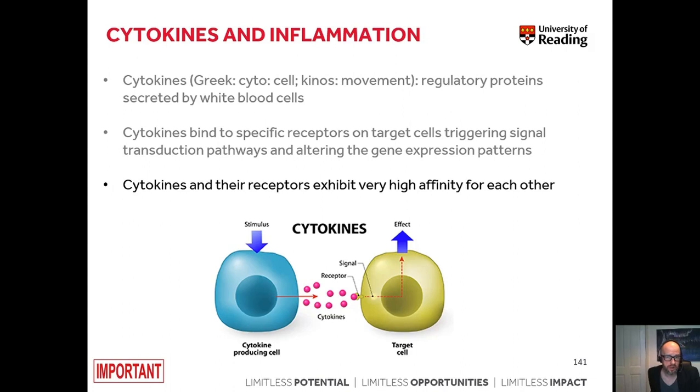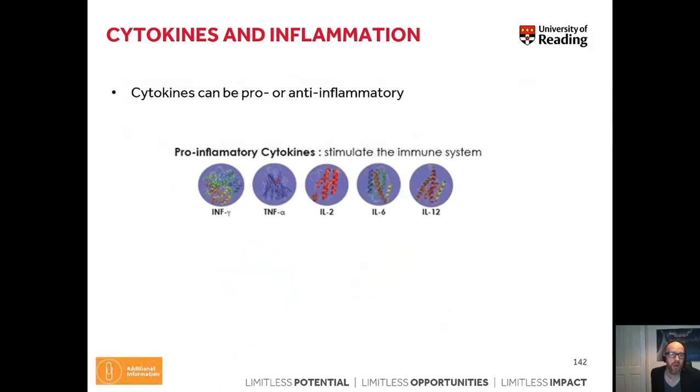Cytokines and their receptors exhibit very high affinity for each other. So cytokine signaling between immune system cells is quite specific. Moreover, cytokines can be either pro or anti-inflammatory, and the pro-inflammatory cytokines are interferon gamma, tumor necrosis factor alpha, which is the most important and also prototypic pro-inflammatory cytokine, and interleukin 2, 6 and 12.